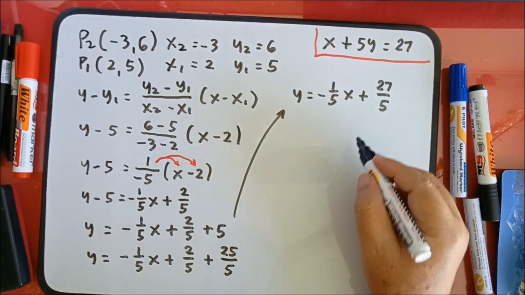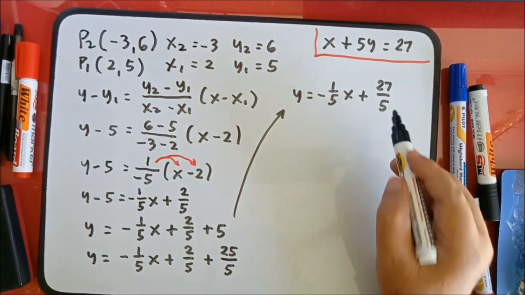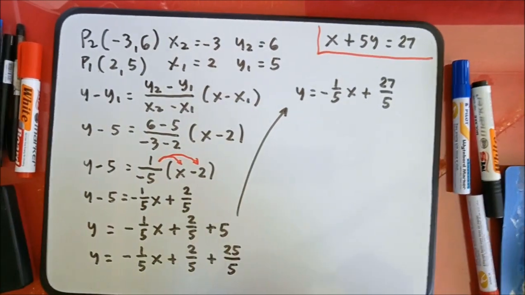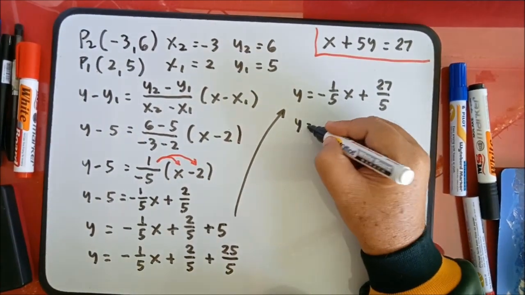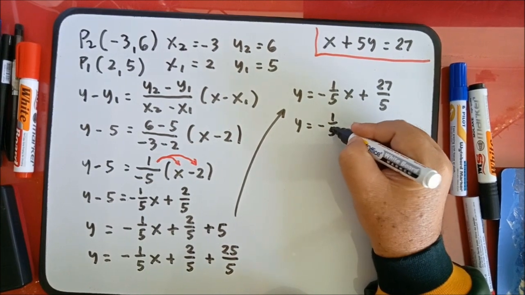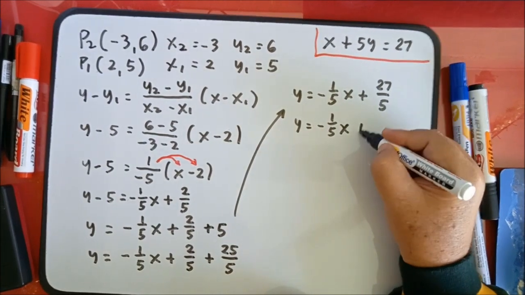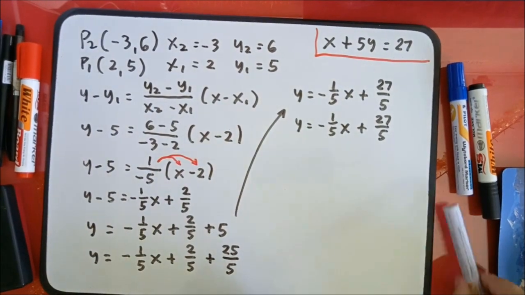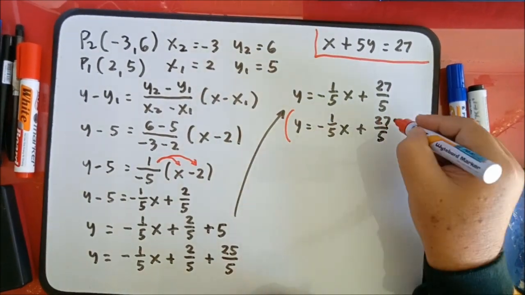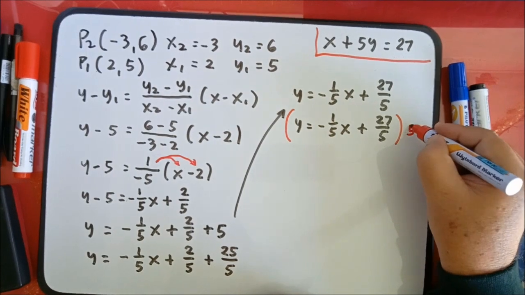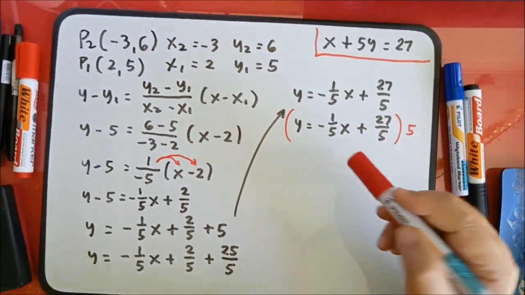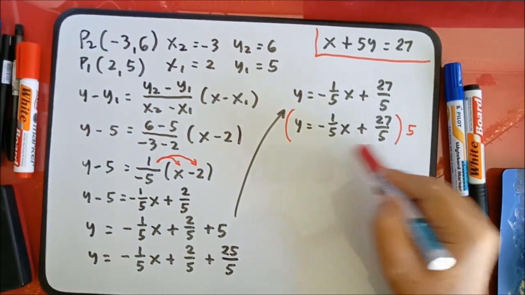Okay. Now, convert to, this is your slope-intercept form. Remember, kanina. Now, multiply both sides by 5. Y is equals to negative 1/5 x plus 27 over 5. Multiply this by 5. Okay, sinabi ko na kanina sa inyo kung bakit 5 ang minultiply ko para mawala yung denominator na 5 sa dalawa.